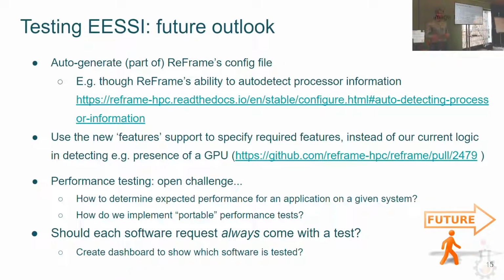There's also some new features in ReFrame that got added also because of discussion with us. So for example, these valid systems, we asked, well, could we just specify features that a certain system should have to be valid? For example, it should have GPUs, right? And then people would specify in their configuration file, this partition has the feature GPU. We would still need to agree on a set of labels, right?